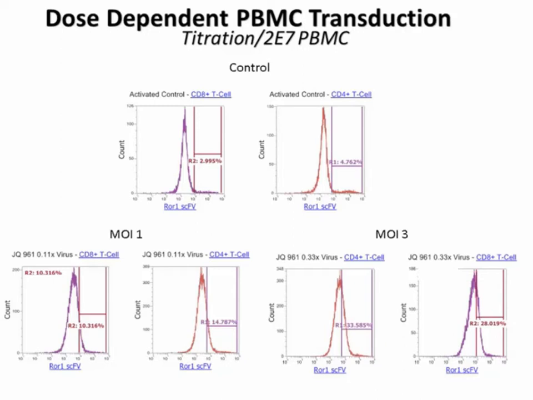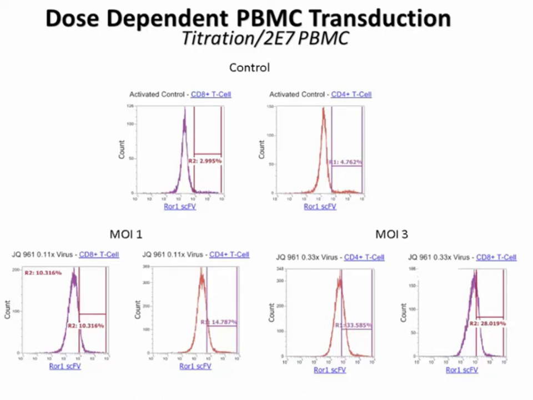On the top, again, we have our activated cells, and we have both CD8 and CD4 populations. And we can show at an MOI of 1, after 18 hours, we're starting to see some transduced cells. And by using an MOI of 3, the amount of transduced cells we get are going up and up. And we must be careful at this point with the doses we use, because a greater amount of virus will also increase the potential for a virus to insert into a part of the lymphocyte genome, may activate these cells to the point they replicate out of control.